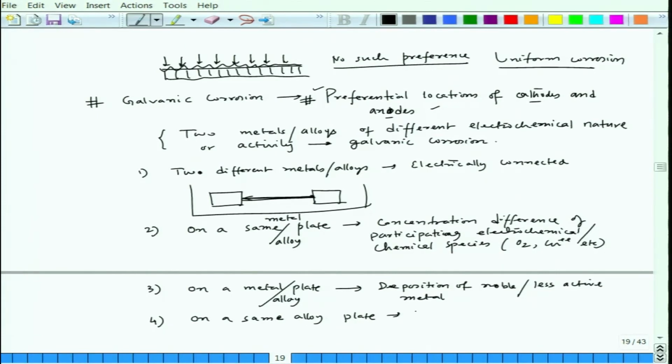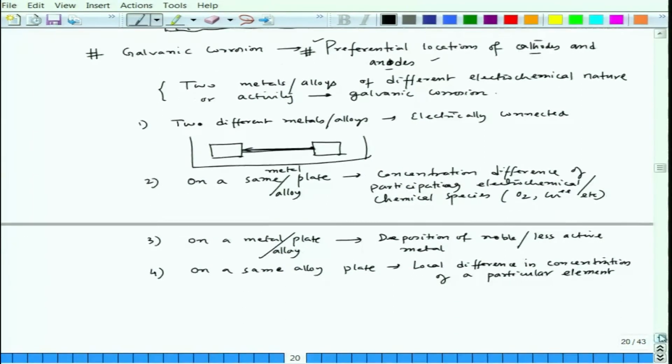So, there could be a local difference in concentration of a particular element.